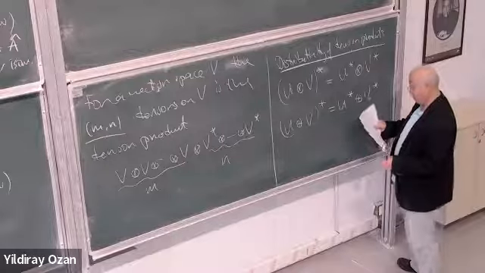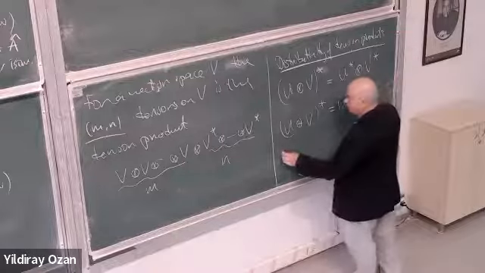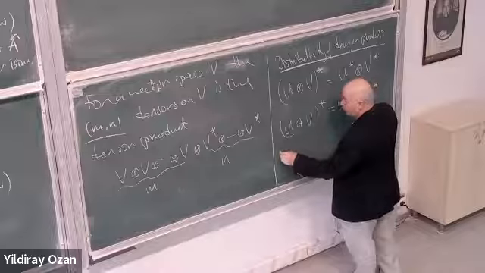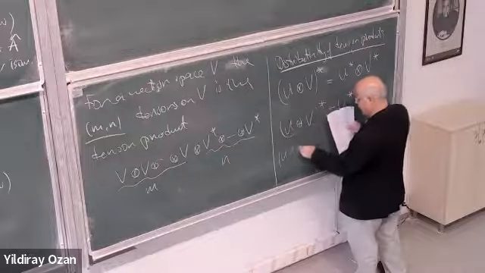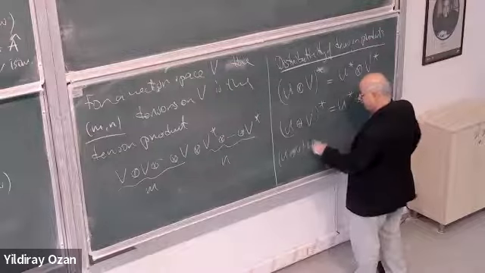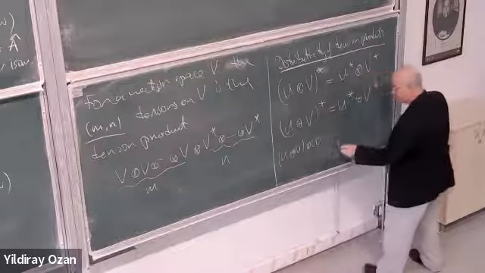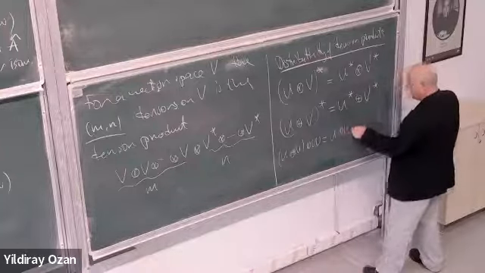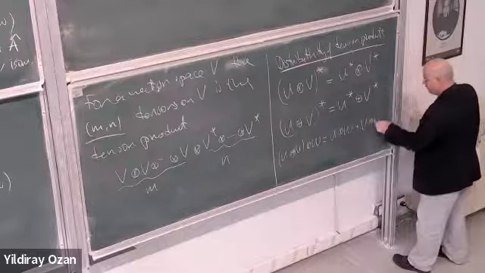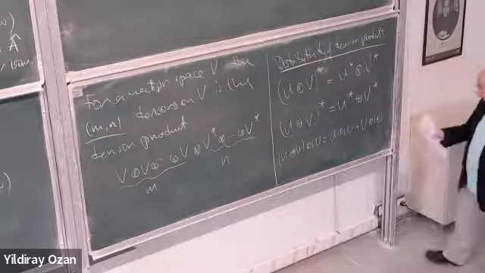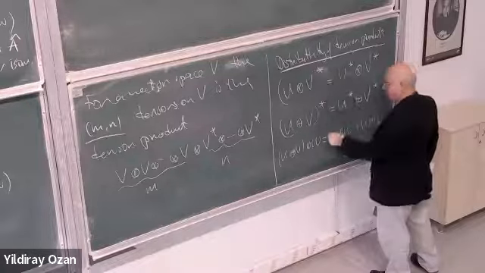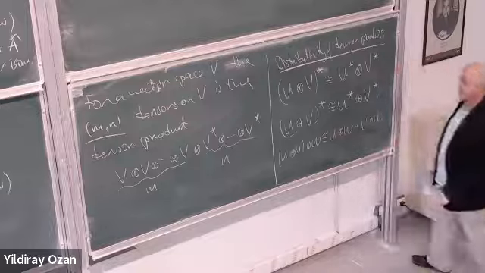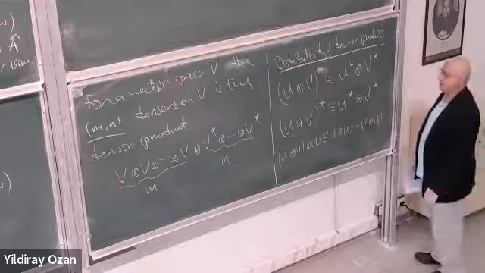And we have also the following: U tensor (V plus W) is isomorphic to U tensor V plus U tensor W. They are isomorphic, they are not the same.